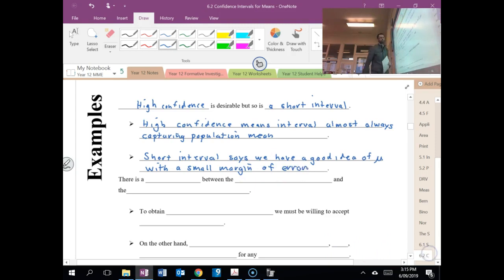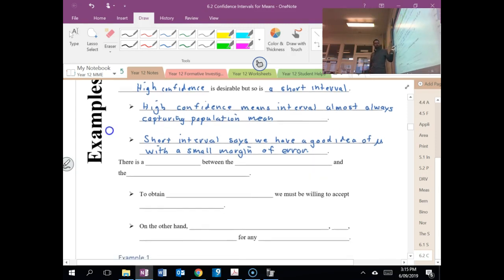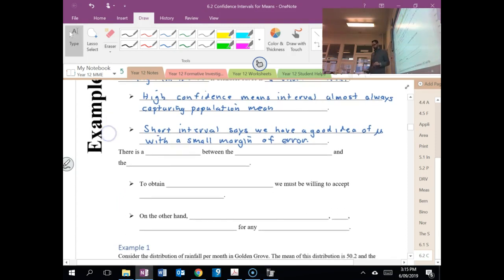So both are useful. High confidence means we can almost always be certain it's actually in that interval. And a short interval says then we have a pretty good idea about it.